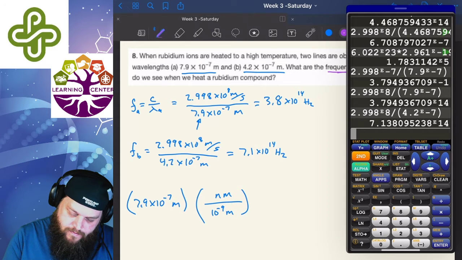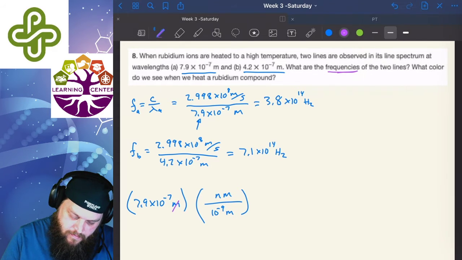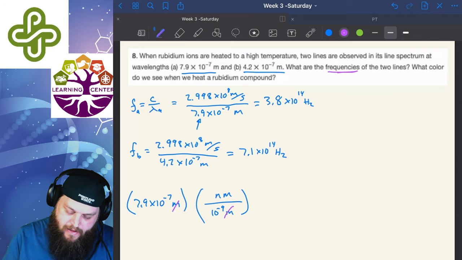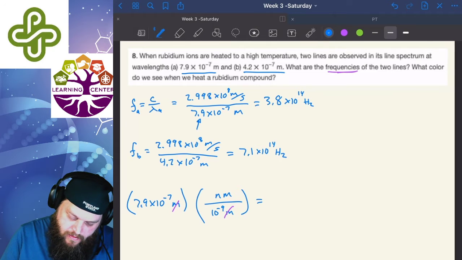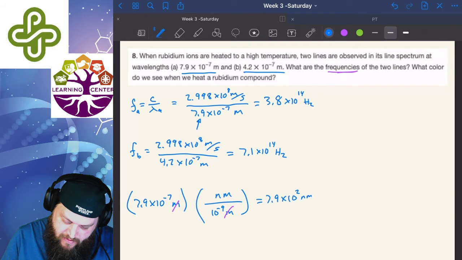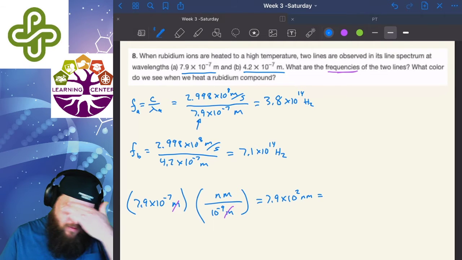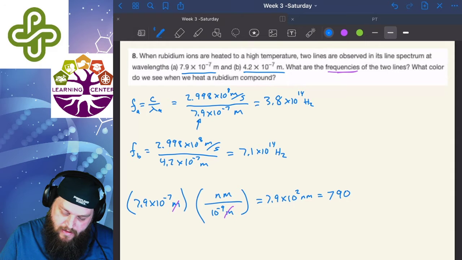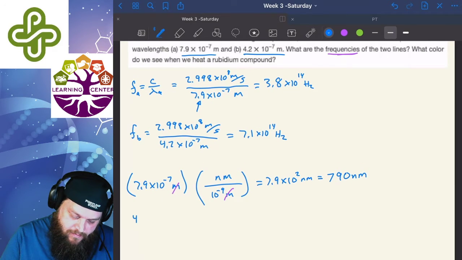The units cancel out, and I'm left with 7.9 times 10 to the 2 nanometers, about 790 nanometers.